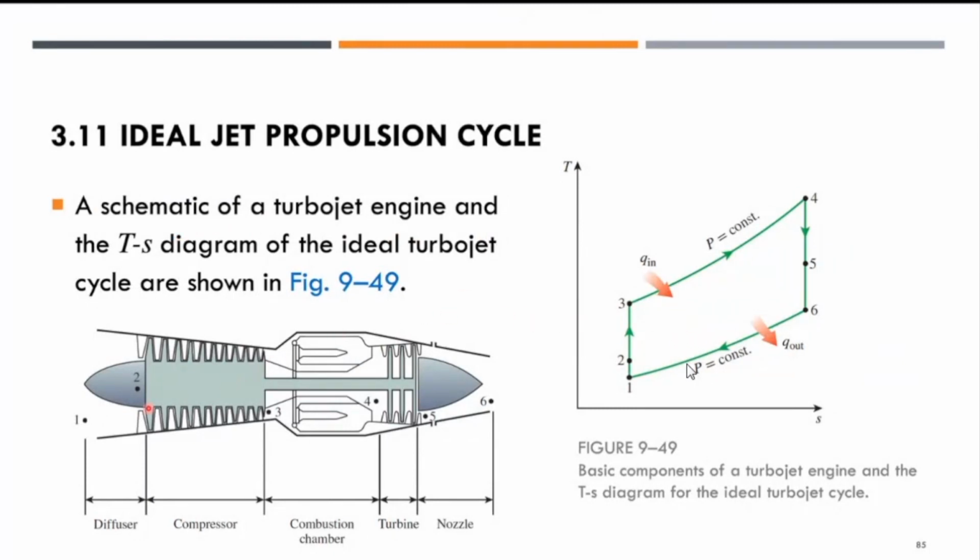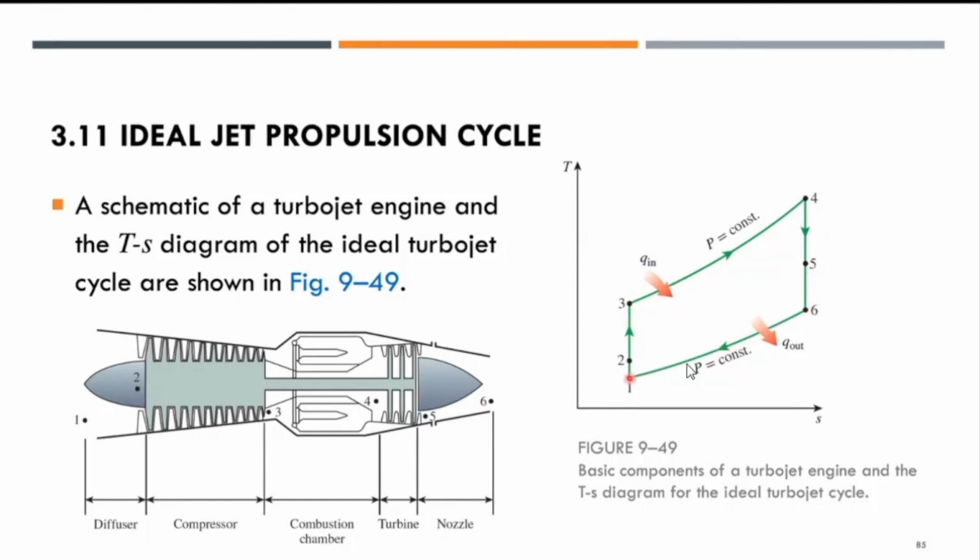So normally air will go into the diffuser, which we call the inlet. It is then slowed down, goes into the compressor where pressure builds up, and is prepared for the combustion chamber, where heat is added. Then the gas is expanded in the turbine and accelerated before it goes into the nozzle. Right? So that's how it reads from 1 to 2, 2 to 3, 3 to 4, 4 to 5, 5 to 6, and 6 back to 1.